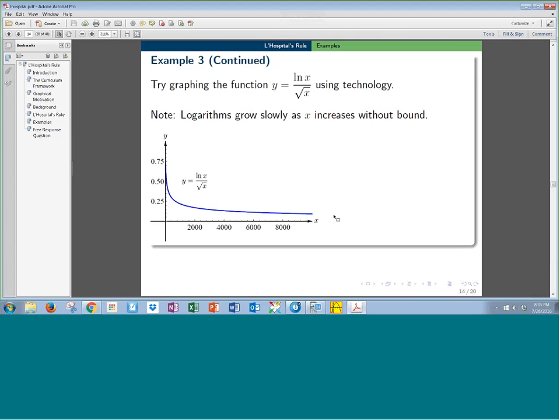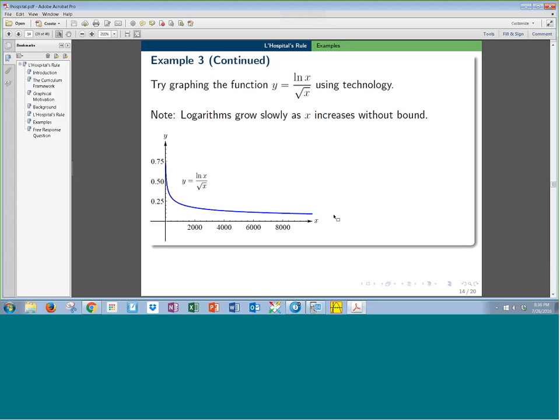On my note there, I don't know if we would ever ask a question like this on an AP exam, but we're stressing communication and interpretation. And I think it is nice that the students can solve this limit problem and interpret this to mean that logarithms are growing slowly as x increases without bound. Because that limit is going off to 0, that means that the denominator is growing faster than the numerator.